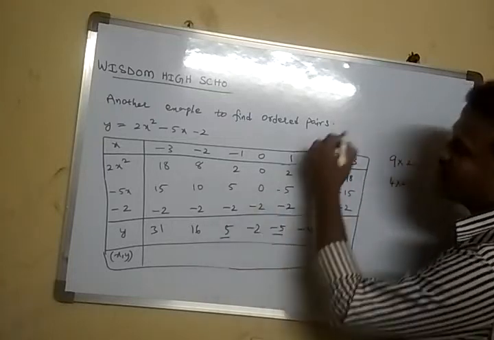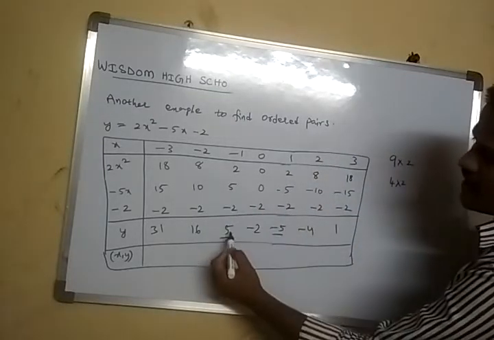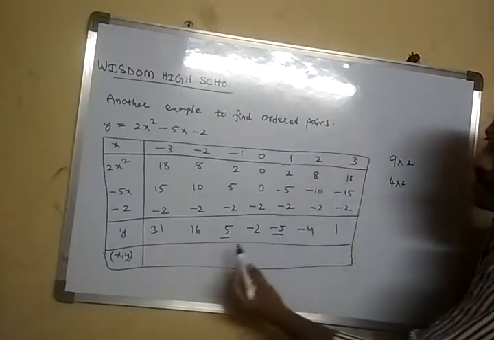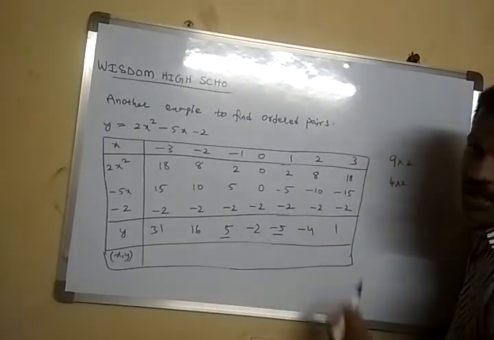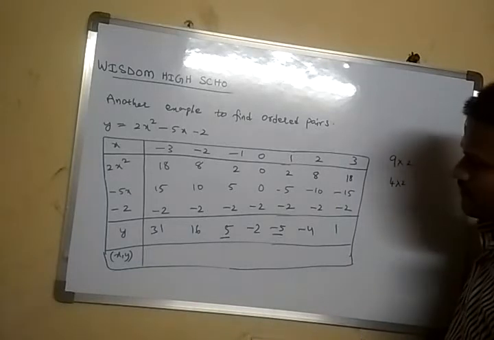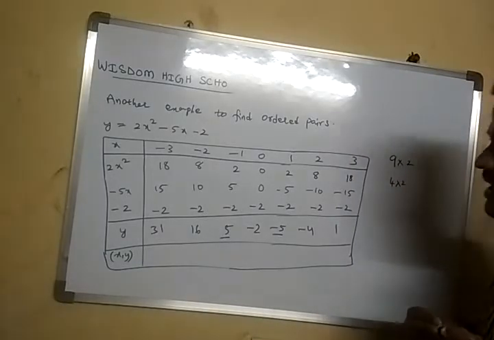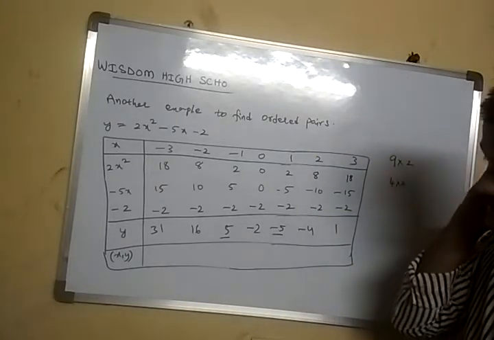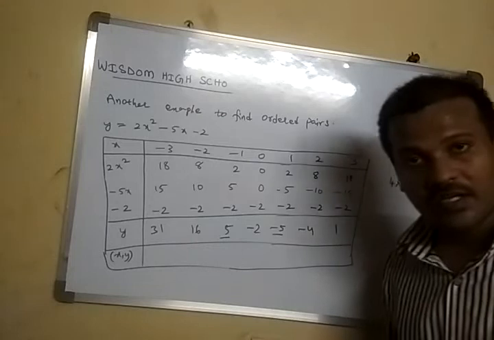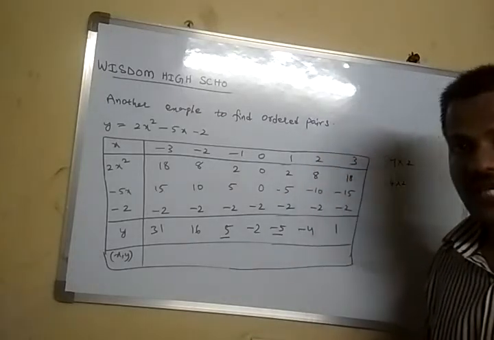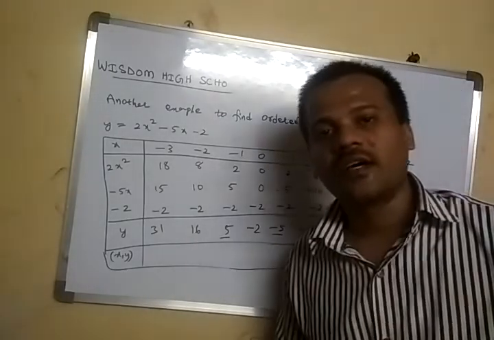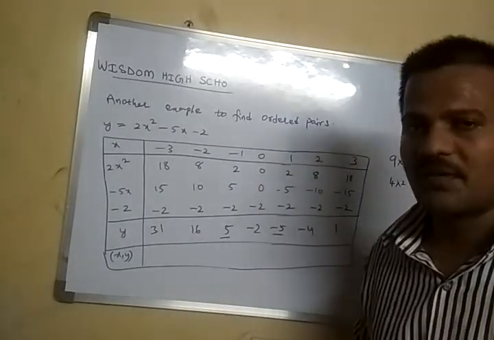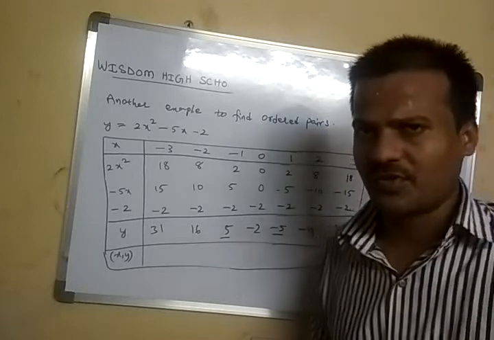That means the curve goes from above to below, from positive to negative. Now if you are not getting an intersection with the x axis, you can assume that the graph does not have roots, that means it does not have zeros.